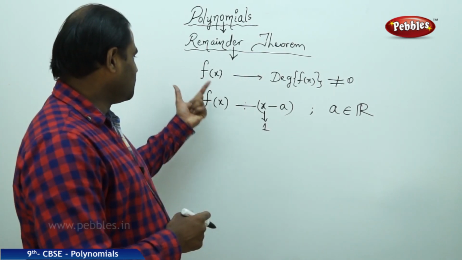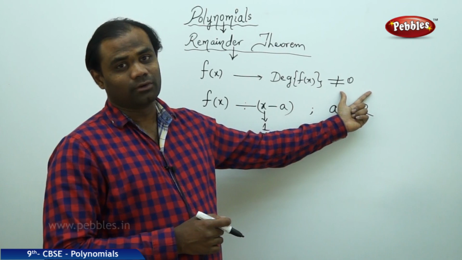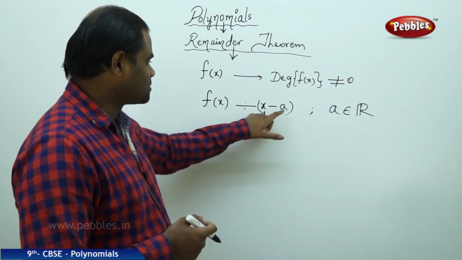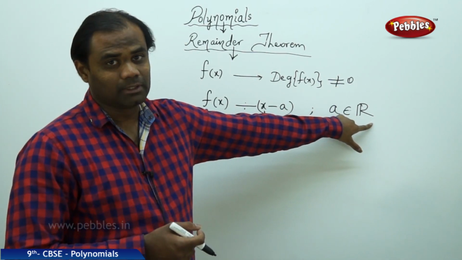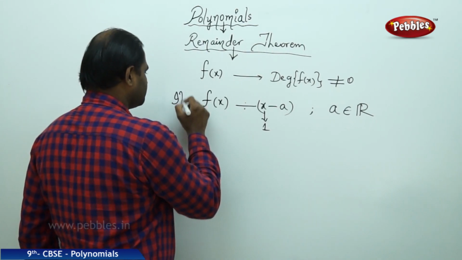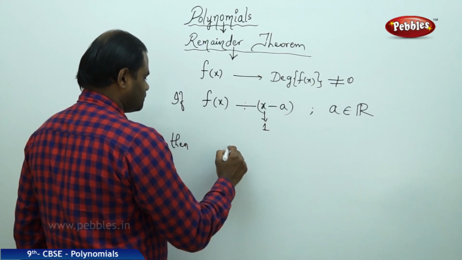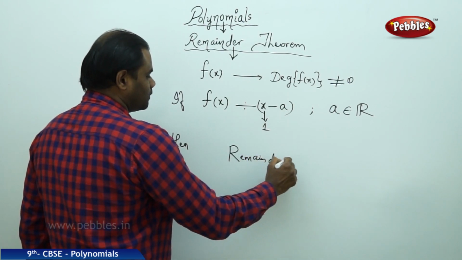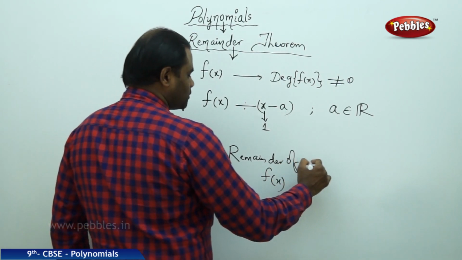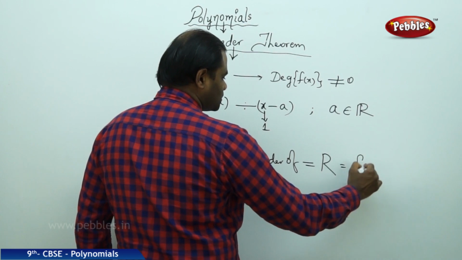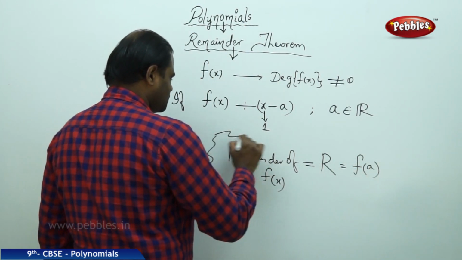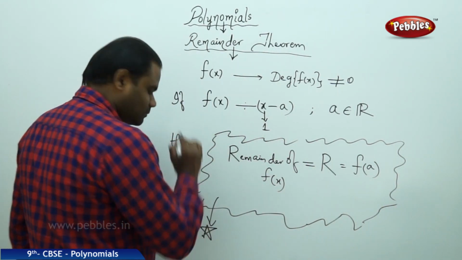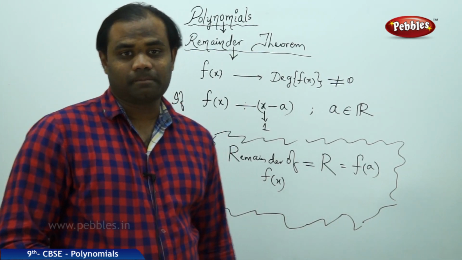So my theorem says that if a polynomial f of x whose degree is non-zero is divided by a linear polynomial x minus a with a belonging to the set of real numbers, then the remainder of f of x, denoted by capital R, is nothing but f of a. This is how I understand the remainder theorem in its own definition.